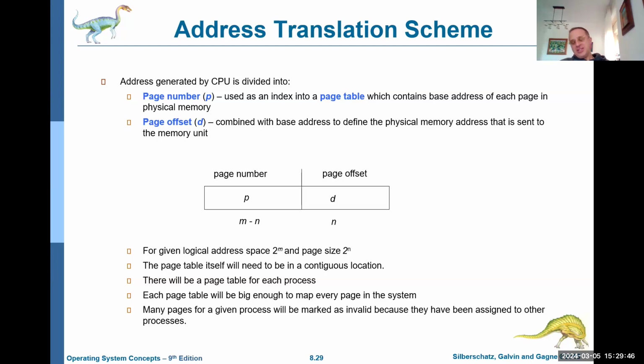So 10 digits is up to 1024. That's called a kilobyte. 10 digits references 1024 different possible bytes.